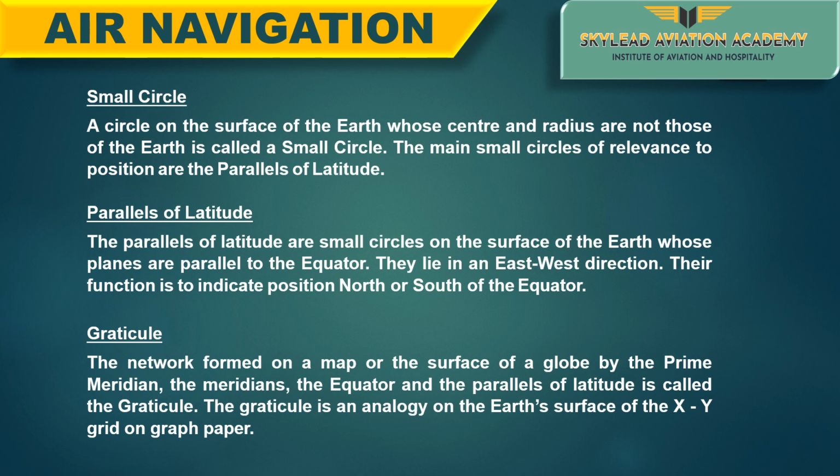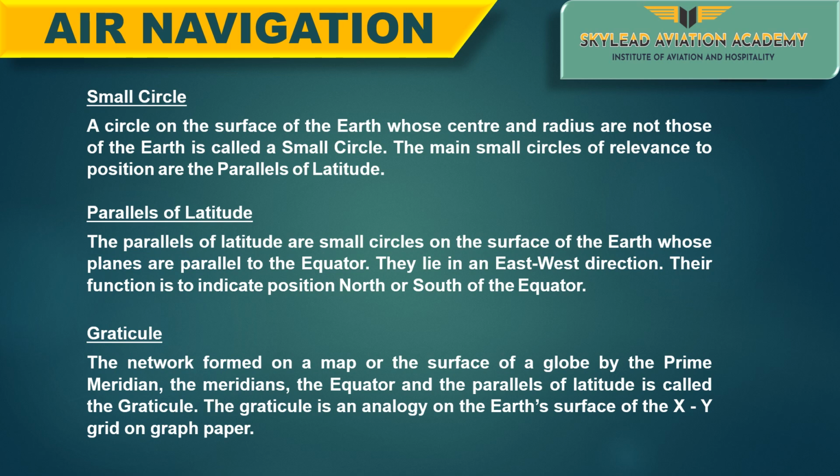The parallels of latitude are small circles on the surface of Earth whose planes are parallel to the equator. They lie in the east-west direction, and their function is to indicate positions north or south of the equator.